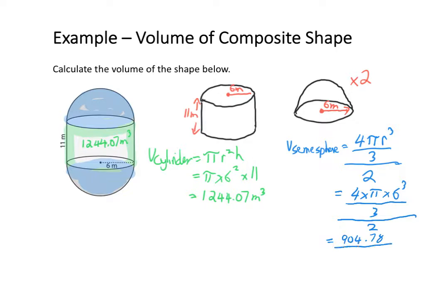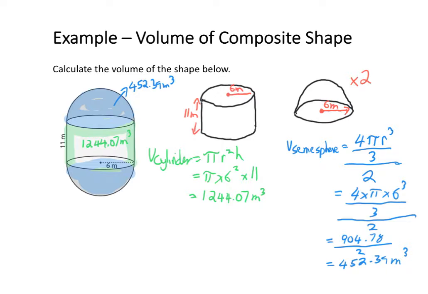And because it's a semi-sphere, I divide that by 2, which equals 452.39 meters cubed. And I can add that into my diagram, so 452.39 meters cubed.